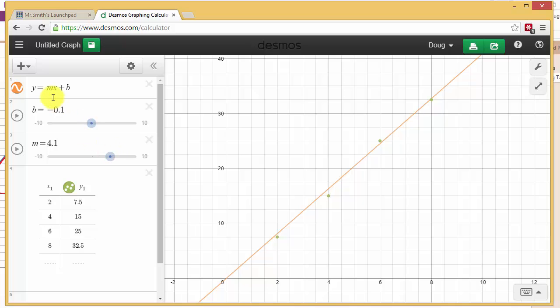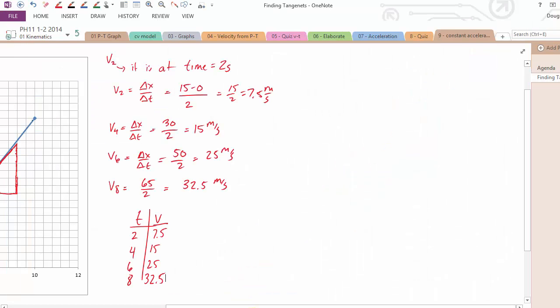So we get y equals mx, where the slope is 4.1, and I think we can put b to 0, just force it through 0. Close enough. So we can say that the slope of that line is 4.1.